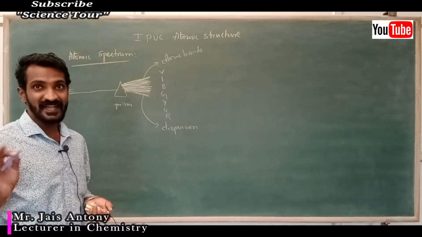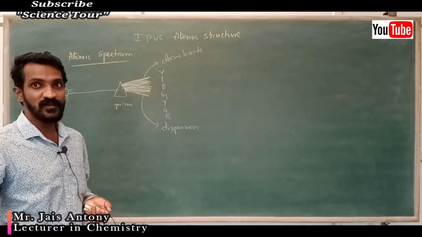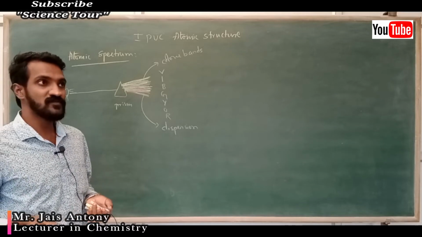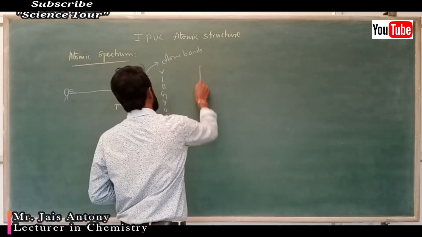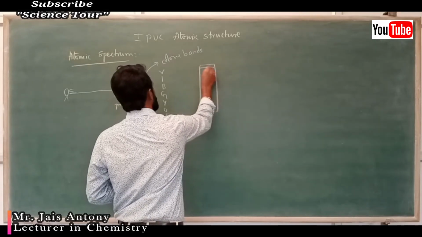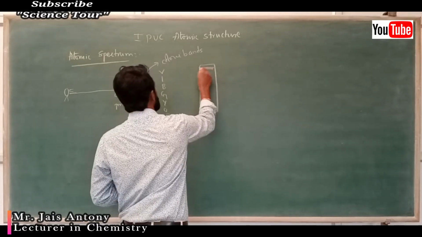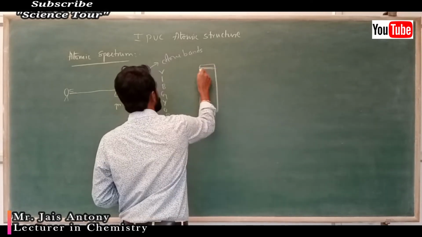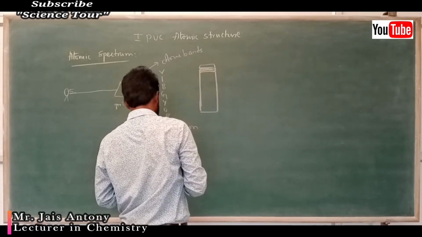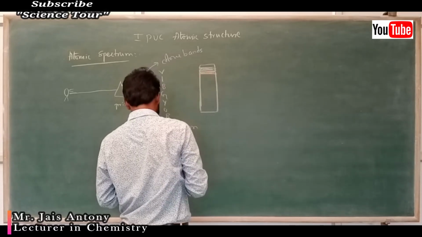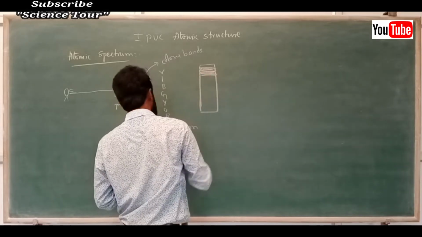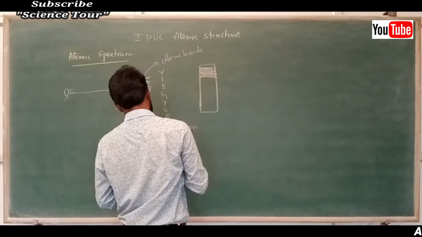See, you are arranging these color bands according to increasing order of their wavelength. That is called a spectrum. Like this you are arranging: one color, second color, third color, fourth color, fifth, sixth, seventh, eighth color.